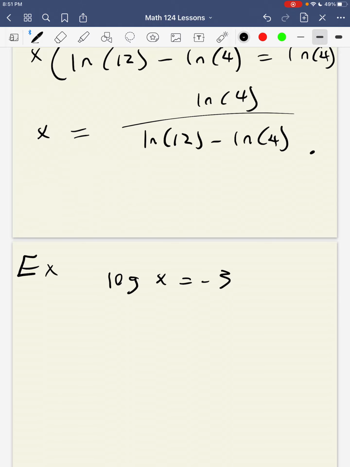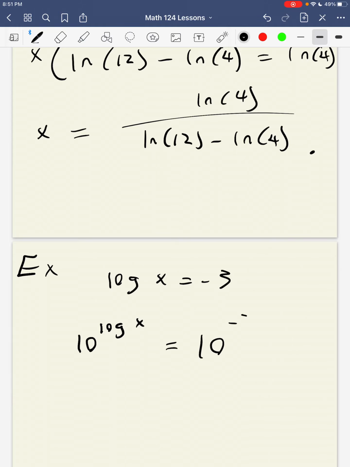Okay, so if the x is inside of the logarithm, how do we solve that? Well, what you can do is exponentiate both sides, right? You could do 10 raised to the log x equals 10 raised to the -3, right? So we're allowed to do that.